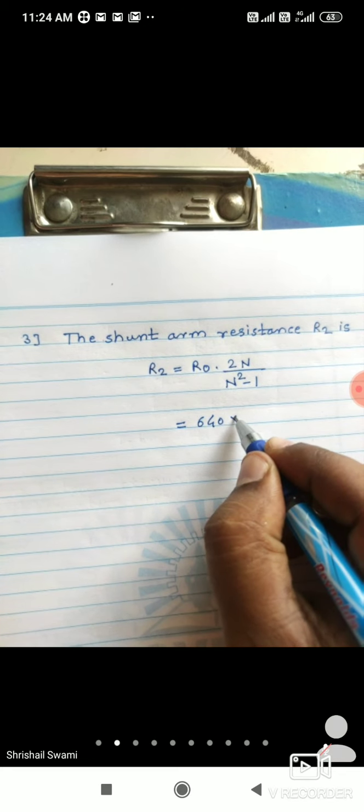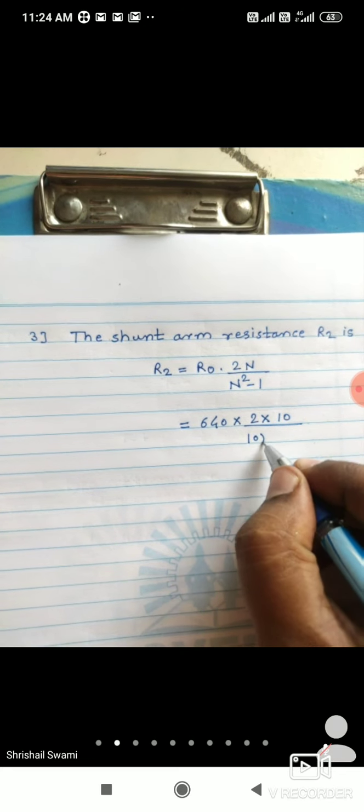I will tell you at the end of all the attenuators how to remember the formulas of attenuator. Don't worry. So R2 is equal to R0 into 2N divided by N square minus 1. So R0 640 into 2 into 10 divided by 10 square minus 1.